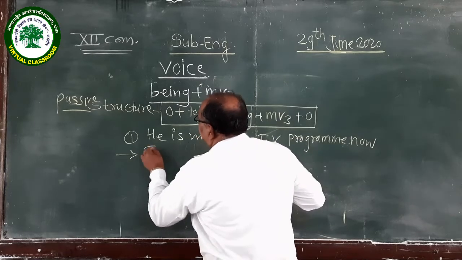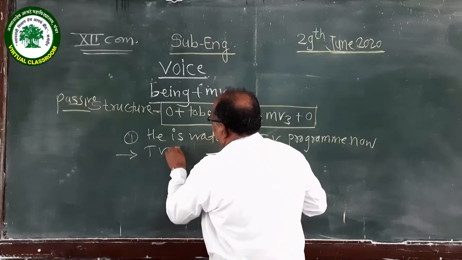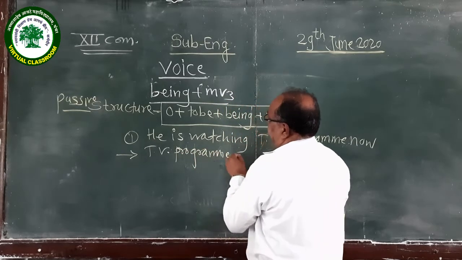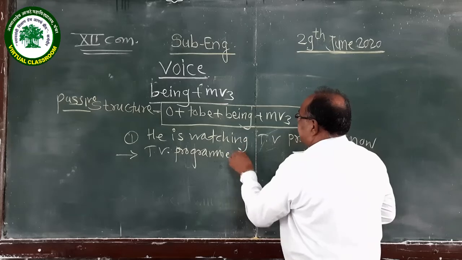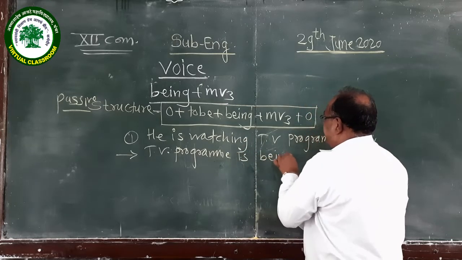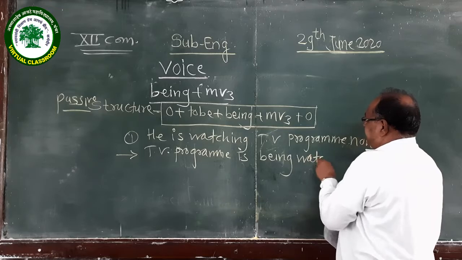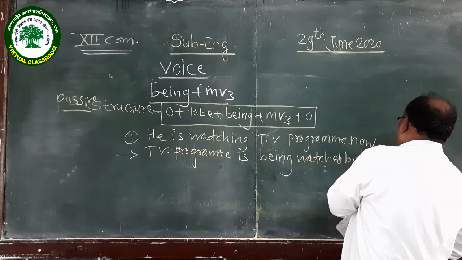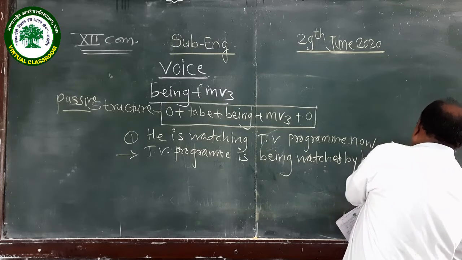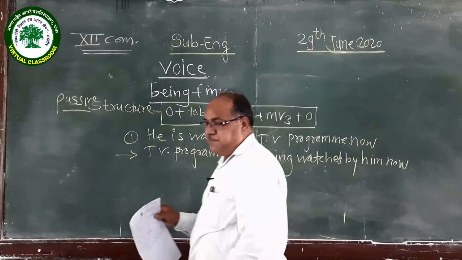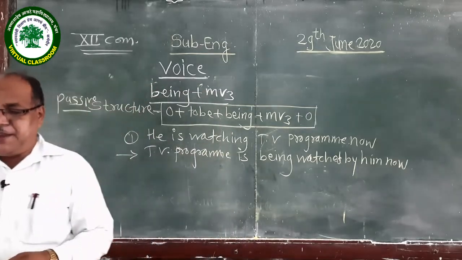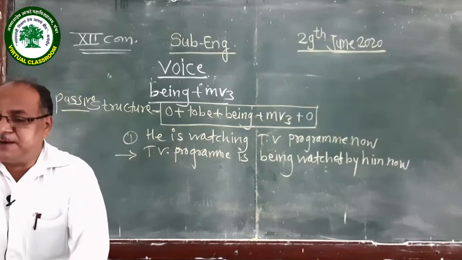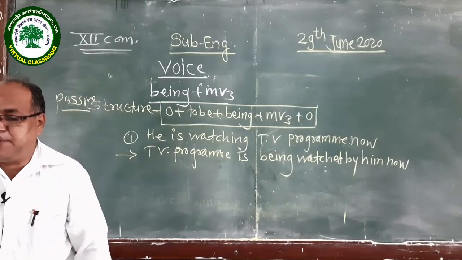Begin your passive voice sentence with the object, TV program is being watched by him now. TV program is being watched by him now. So in this way, a sentence in continuous present tense can be transformed into the passive voice.